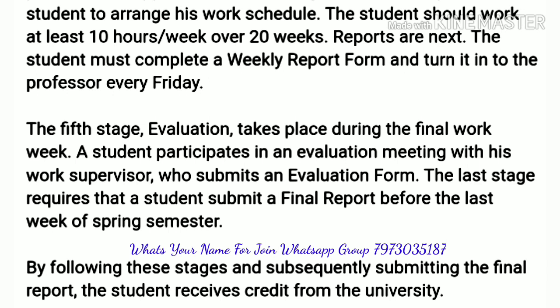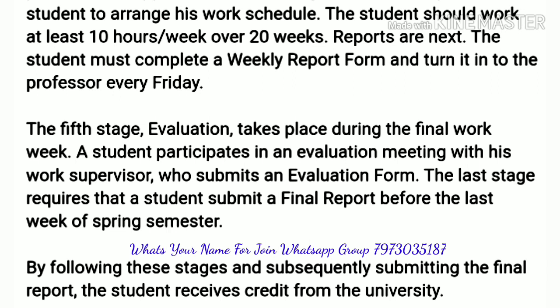Reports are the next. The student must complete a weekly form and turn it in to the professor every Friday. The fifth stage, evaluation, takes place during the final work week. A student participates in an evaluation meeting with his work supervisor, who submits an evaluation form.